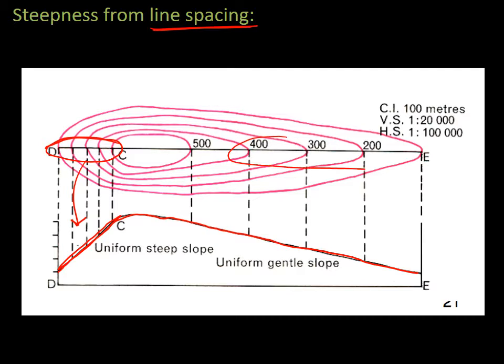Where the lines are not so close together, it corresponds to a less steep slope. And where the lines are really far apart, that corresponds to a relatively flat spot. Contour lines close together indicate steepness. Contour lines far apart indicate not so steep or even flat.